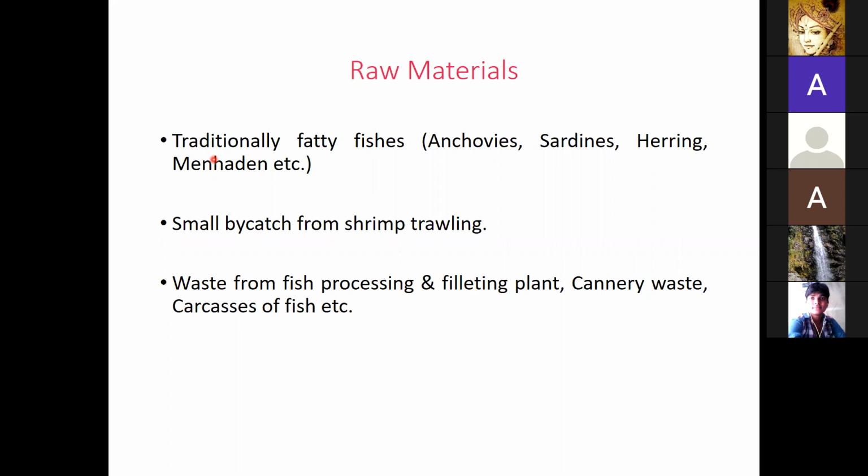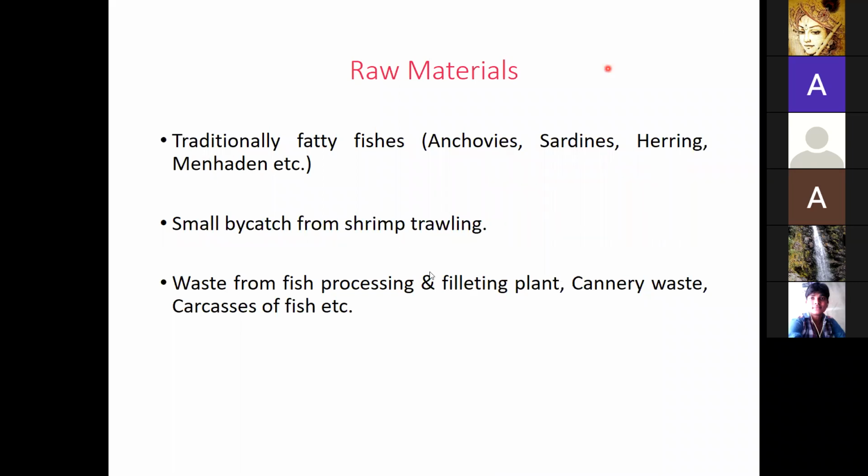See how much fuel they have spent to catch that bycatch, and after catching, again they are dumping it into the sea water. So that is not a good economical activity. We must utilize or convert this catch into some usable product. One utilization of this bycatch is conversion into fish meal.